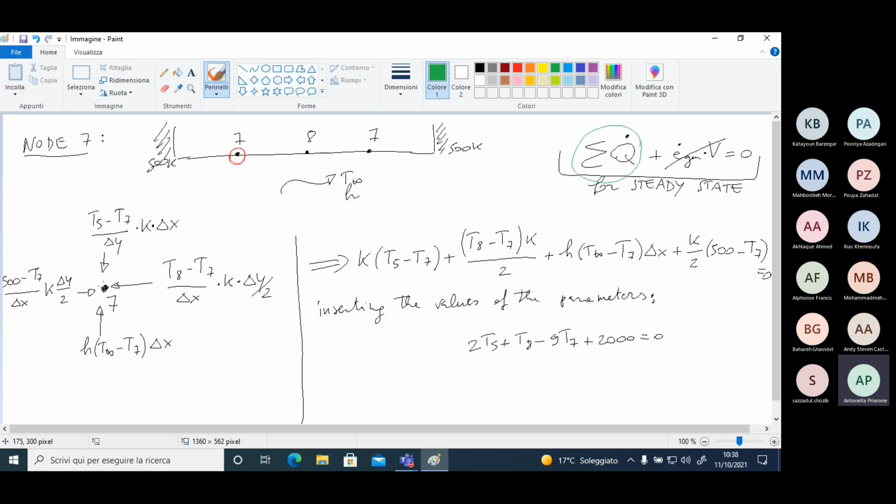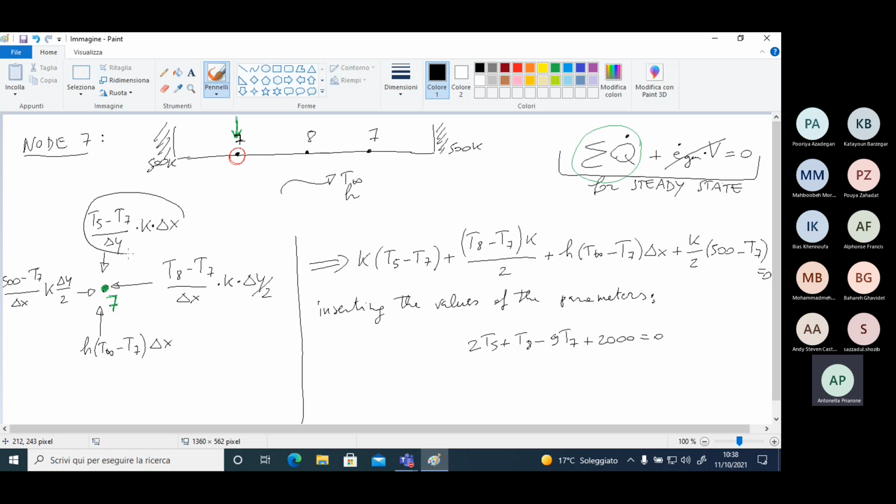In this case, for the node 7 here, I have 4 contributions. One from the top, that was the node 5, that arrive on my node 7 by conduction.